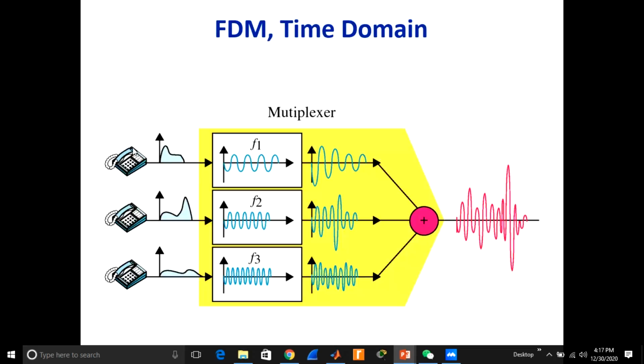For example, this is one device and it wants to share this information. This is its information signal. This is another device and this is its information signal. This is another device and this is its information signal. So we can modulate the signal of device 1 to frequency number 1, frequency number 2 and frequency number 3. When we modulate this signal to f1 frequency, it will look like this.